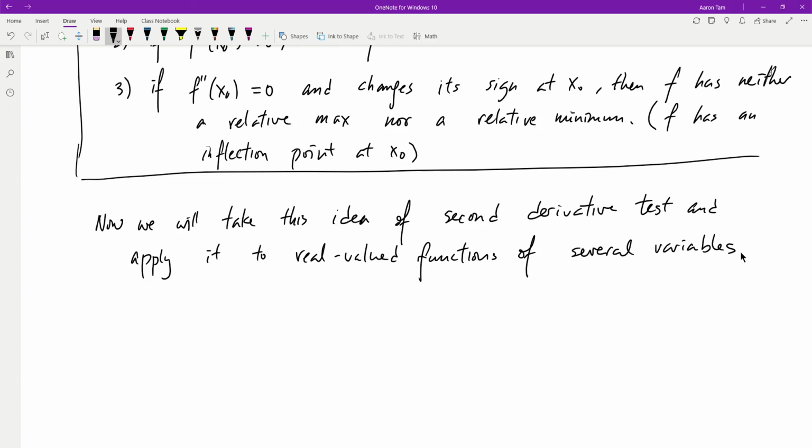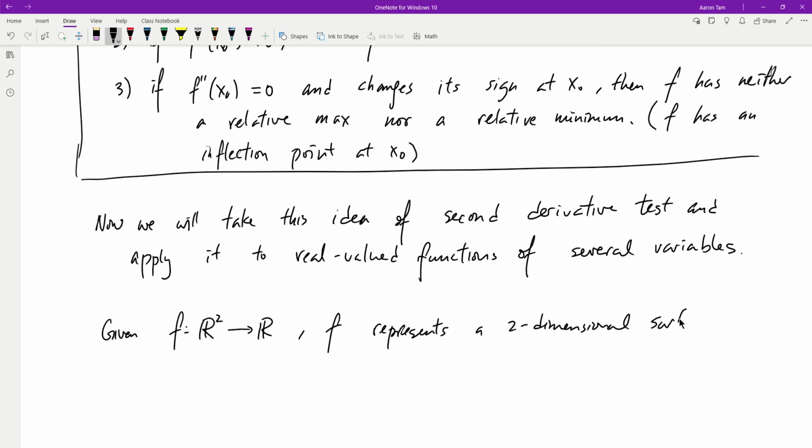So here comes the big question of why do we do this? Why don't we try to apply the idea of a first derivative test to a real value function instead of the second derivative test? Well, the problem is the following. Let's say, given a function f that maps from R2 to R, a very basic function, f represents a two-dimensional surface in R3.